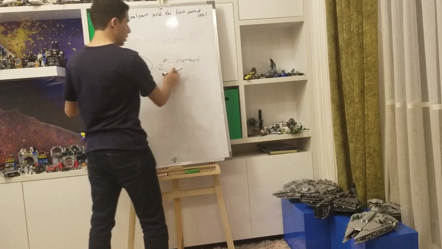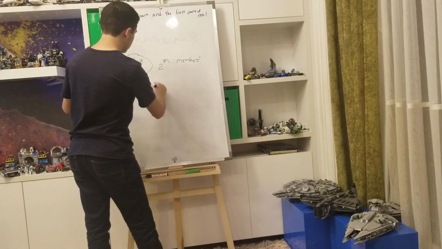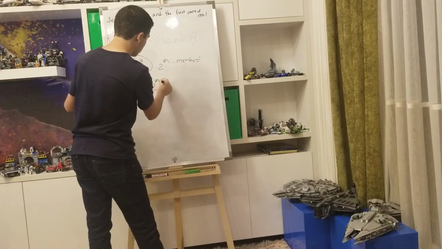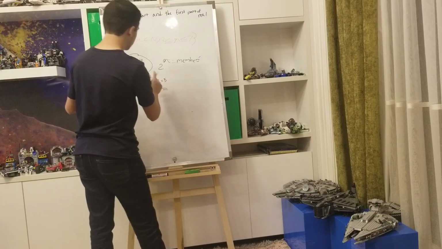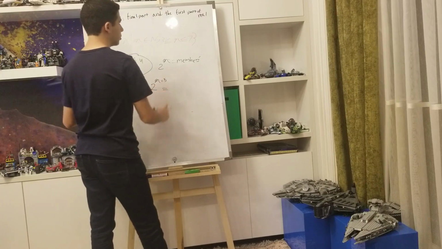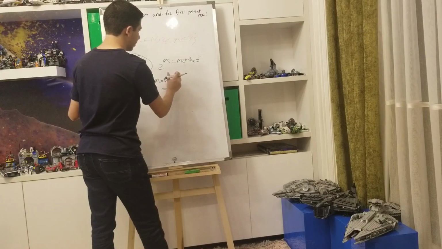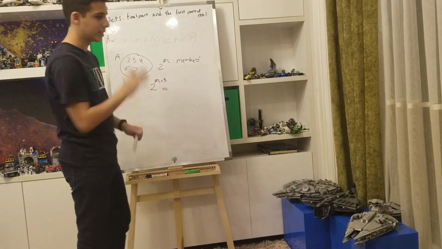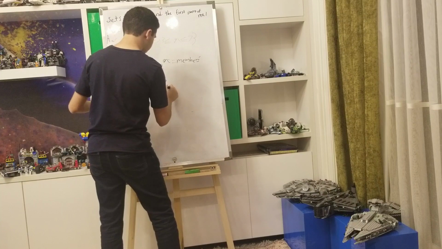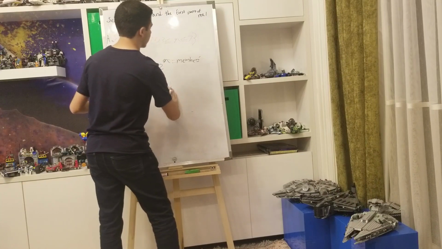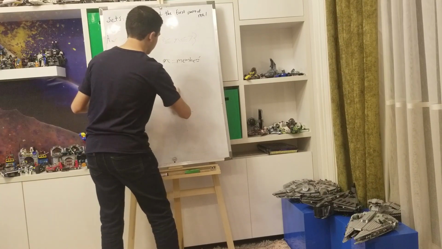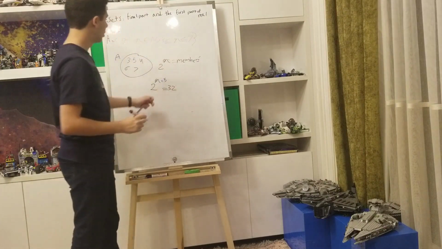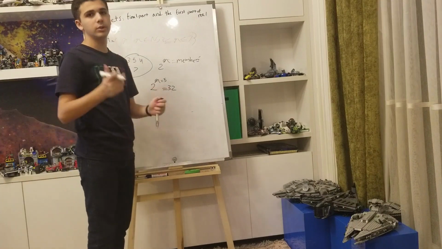So in this case, we got 2 to the power of 5. I think it's 60. No, it's not 64. No, it's 52, I think. Wait, no, it's 32. Sorry. So 2 to the power of 5 equals 32.